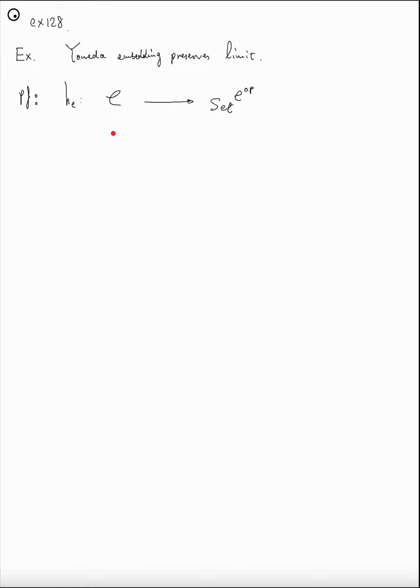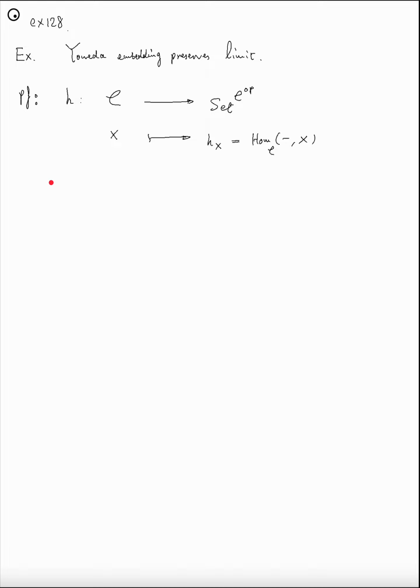Map any object X to H of X, which is Hom(-, X), the hom in the category C.